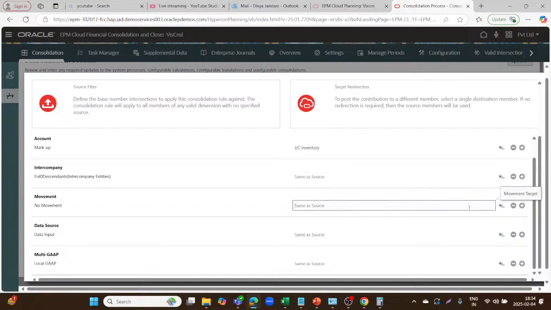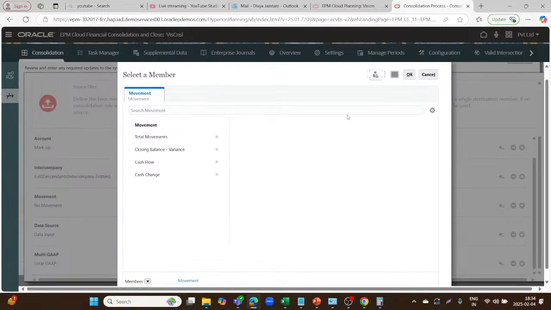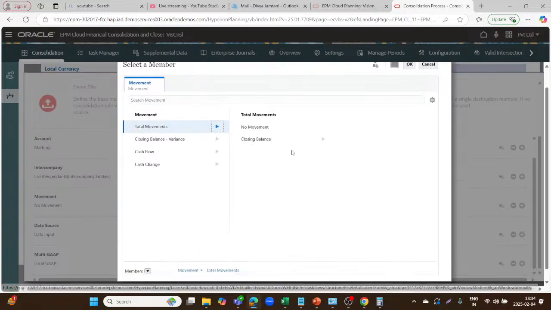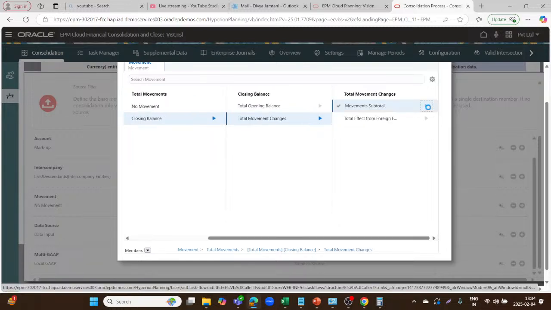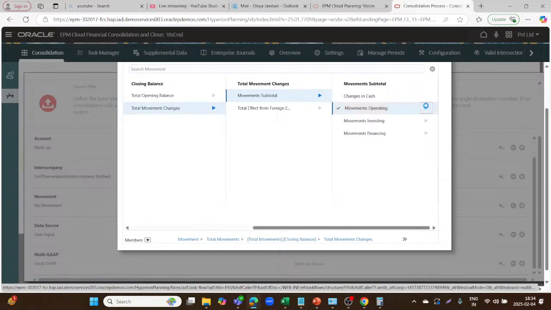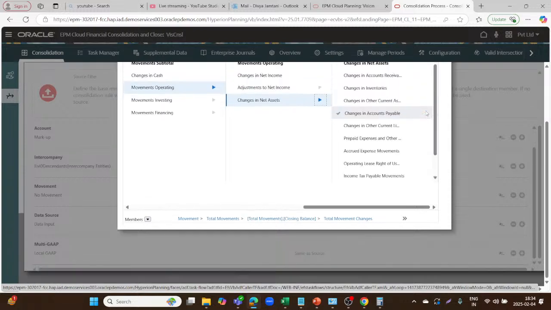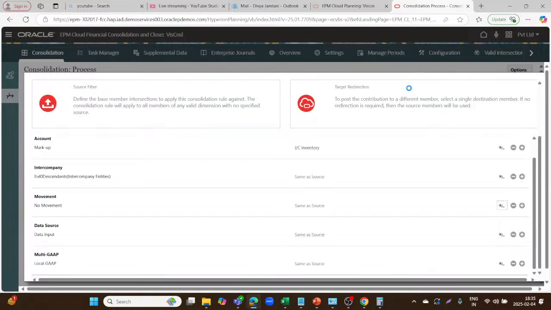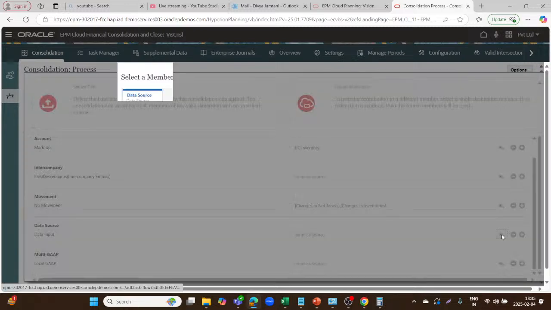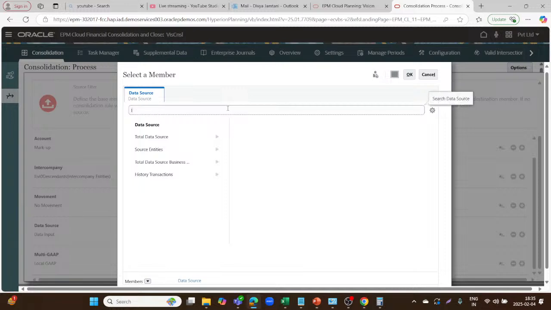Movement, I want here the movement to be changes in inventory. Instead of no movement for this particular inventory account, IC inventory, we want the changes in inventory. And for data source, we'll pick intercompany elimination.